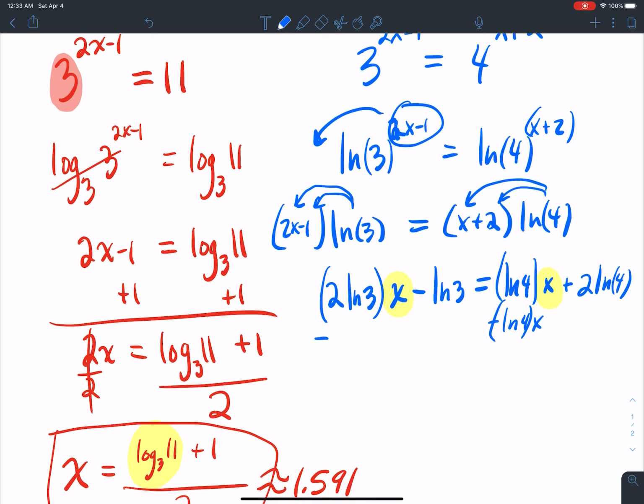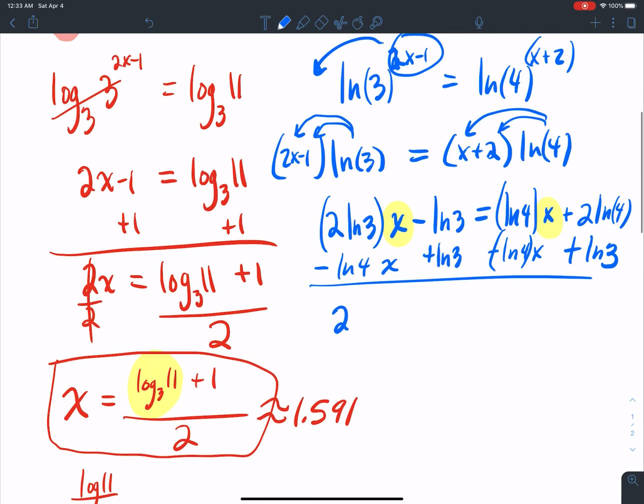And then I want to get my constants on the other side, so I'm going to add ln 3 to both sides. So let's collect like terms. I get 2 ln 3 x minus ln 4 x equals 2 ln 4 plus ln 3.